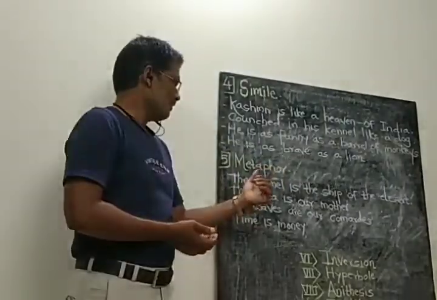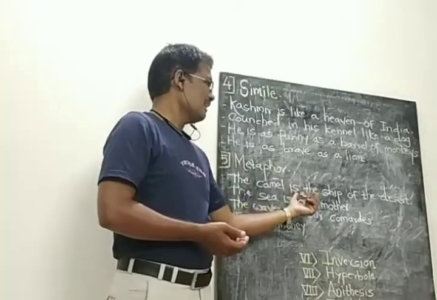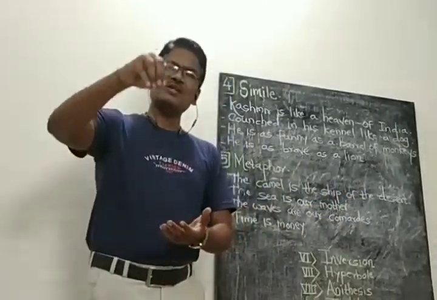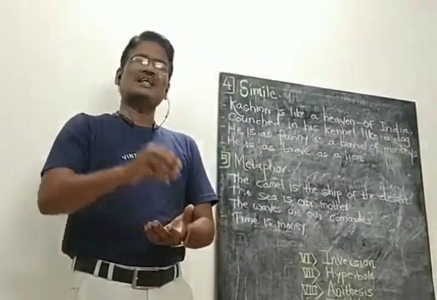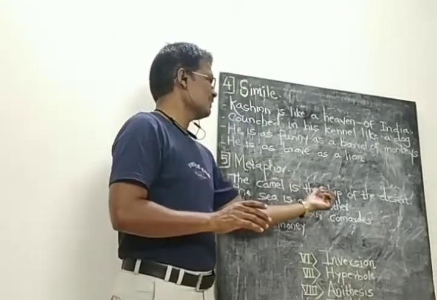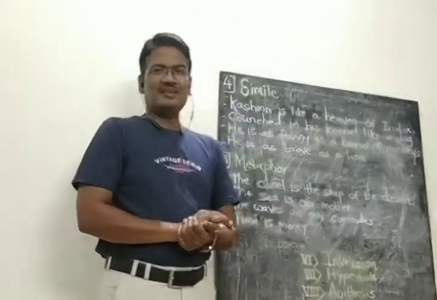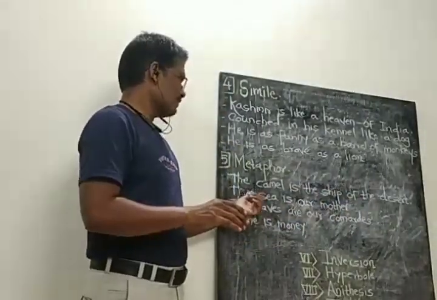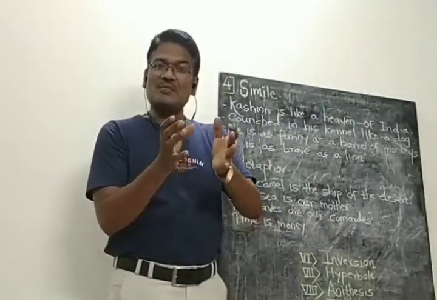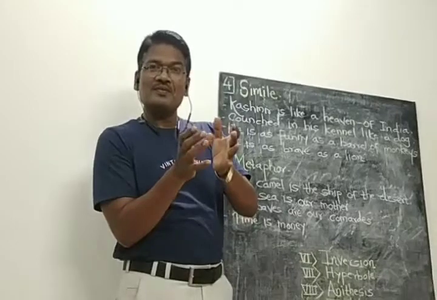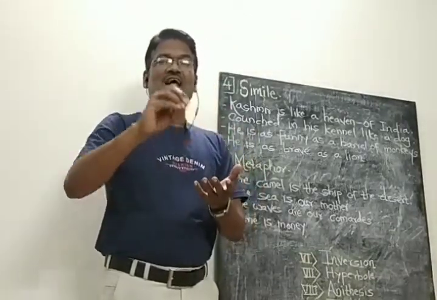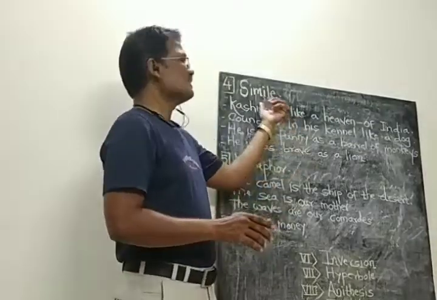Let us see examples. Metaphor: the camel is the sheep of the desert. Here the camel is called a sheep, and that is why it is a metaphor. The sea is our mother. Actually, if we say the sea is like our mother, it is simile.